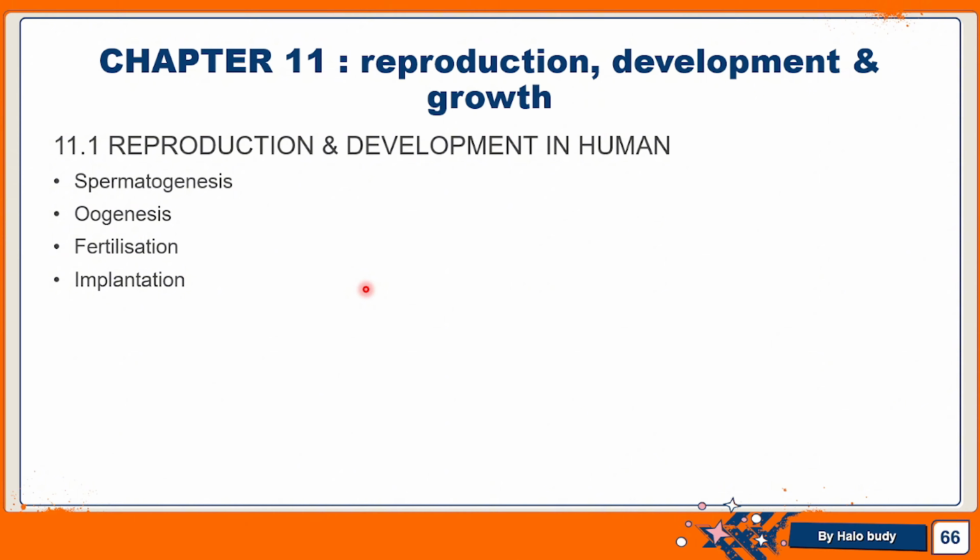You need to know what the process is and how the female ovum can ensure only one sperm cell penetrates into the ovum.